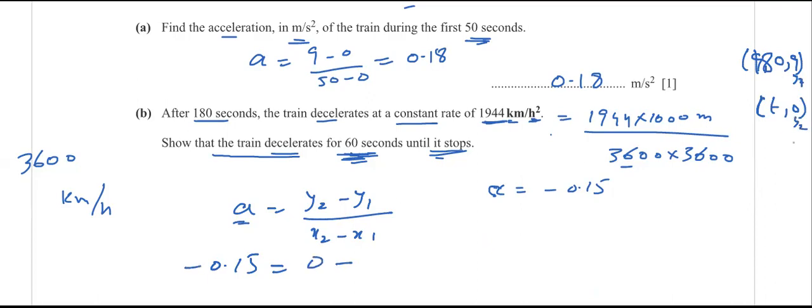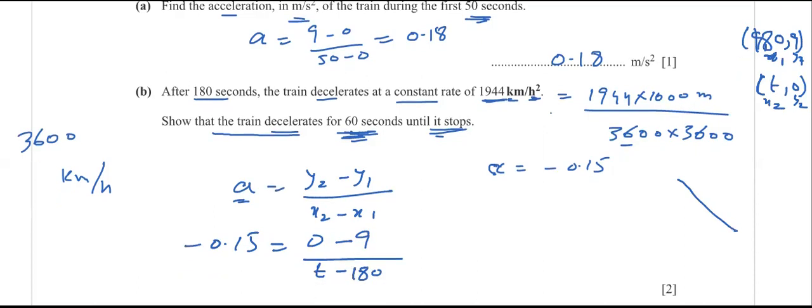You can write the negative value also, no problem. Y2 is 0, y1 is minus 9 over x2 minus x1, because from here it's starting x1 and this is x2 because it's decreasing now. So we will say t minus 180.